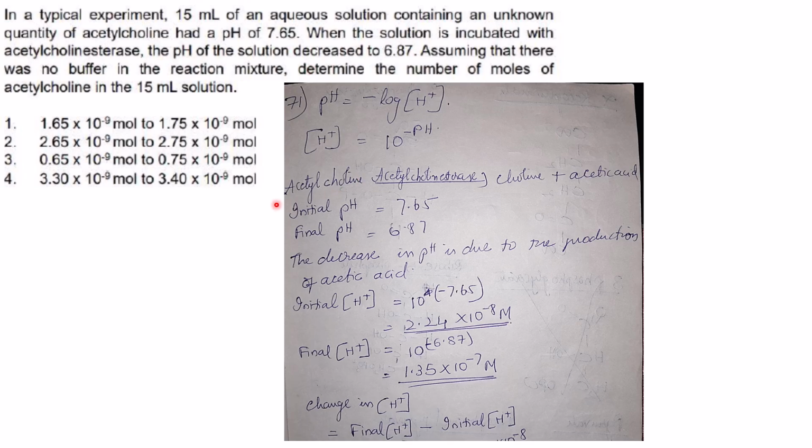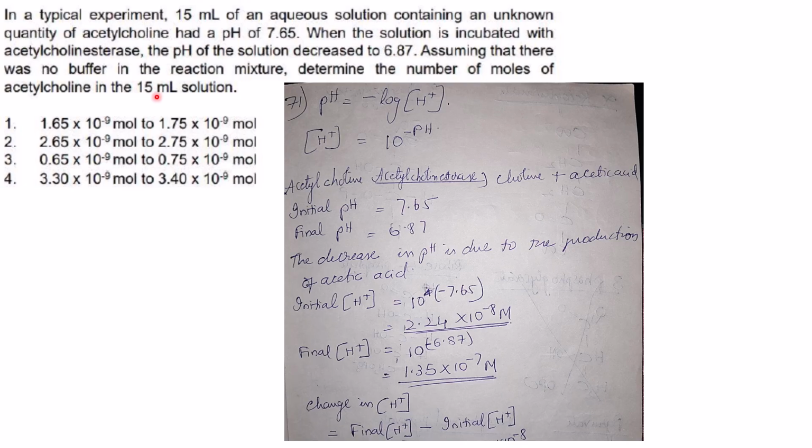Because acetylcholine will be reacted by acetylcholine esterase to form choline and acetic acid. Now this acetic acid, or the formation of acetic acid, is the one which is causing a decrease in the pH of the solution.